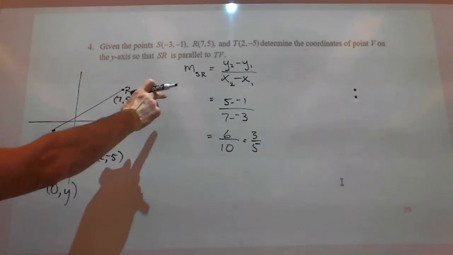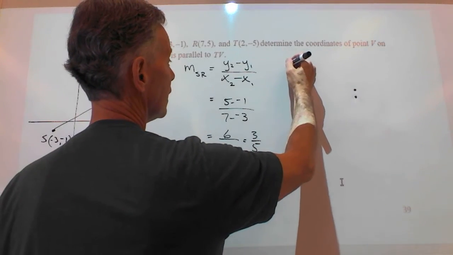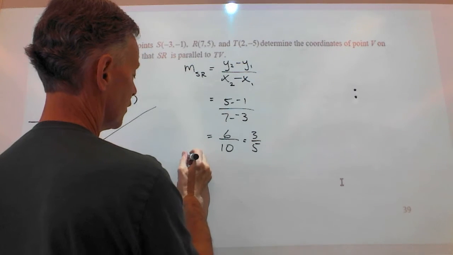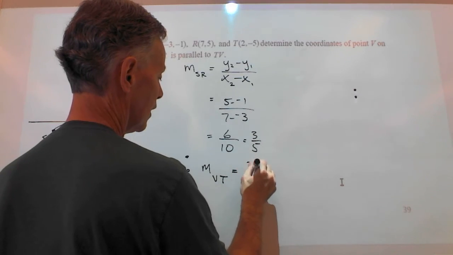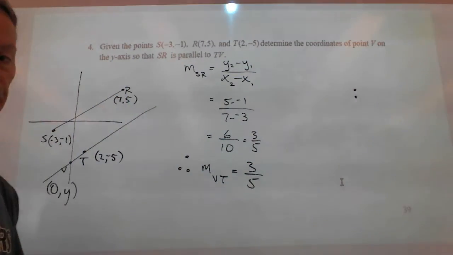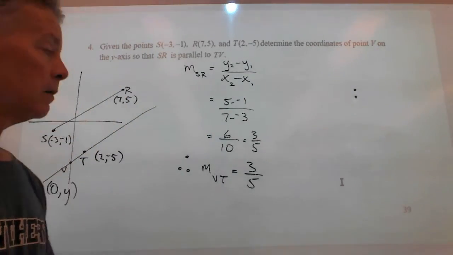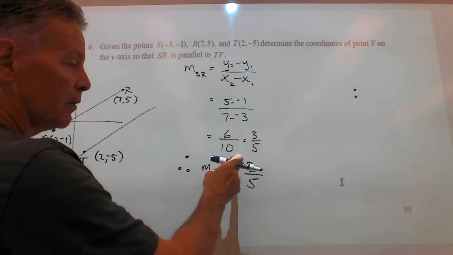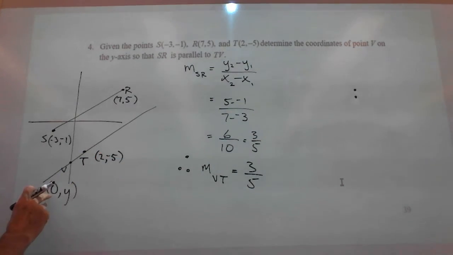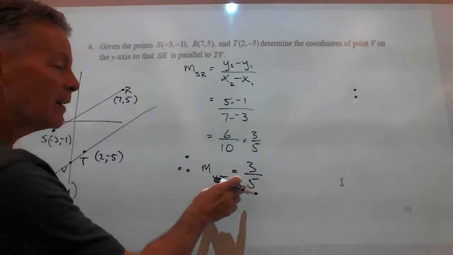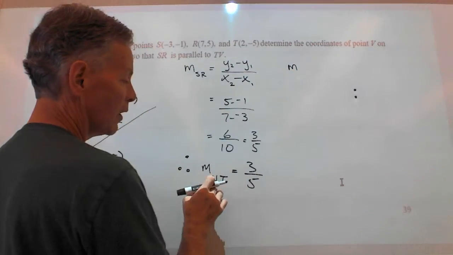Okay, so now that we know the slope of SR, we can say that's the same as the slope of VT because they're parallel. Therefore, the slope of VT is also equal to 3 over 5. Now, stick with me. We know what the slope is for VT. We know both points for T and one point for V. So let's use the slope formula again, but this time for VT.